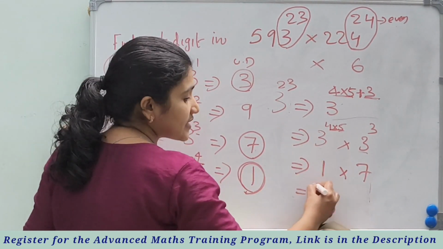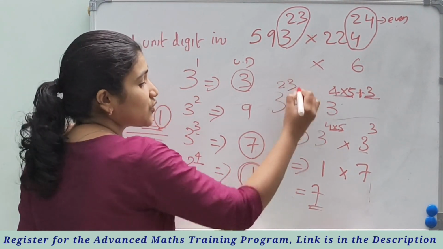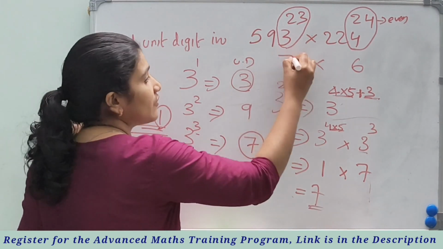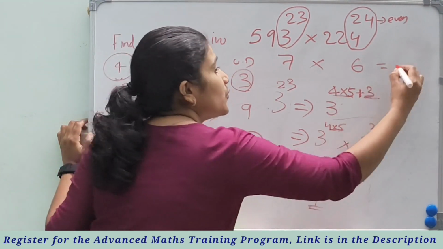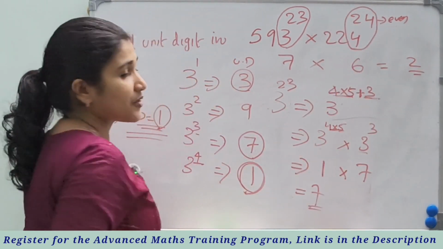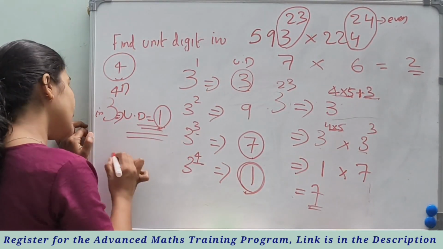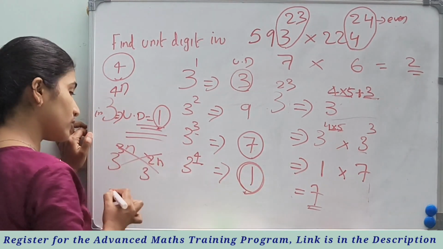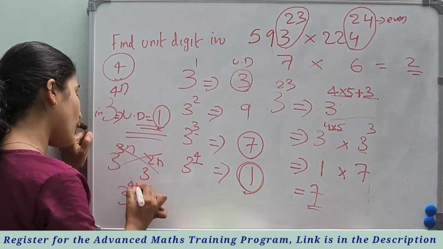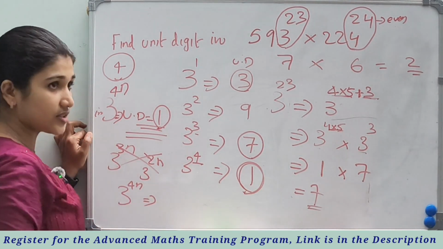So 1 into 7 is 7, means 3 raised to 23 unit digit is 7. Which means here answer is 7 into 6, 42. So 2 is the unit digit in this expression. Here don't write 3 raised to 3n or 3 raised to 2n. This is wrong. You can only write 3 raised to 4n, then you can find the unit digit.